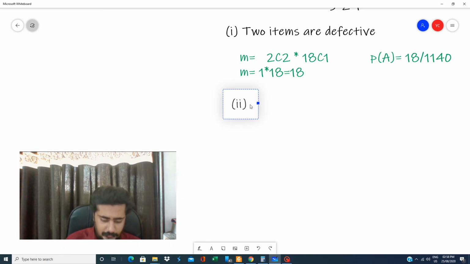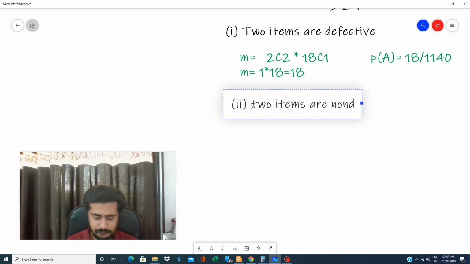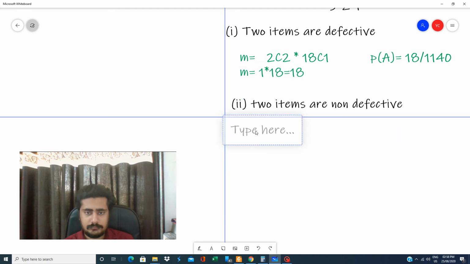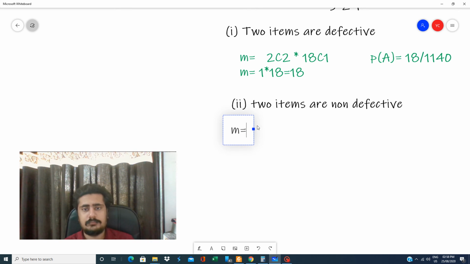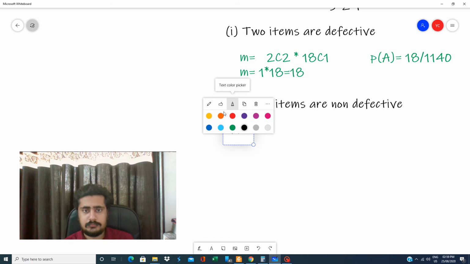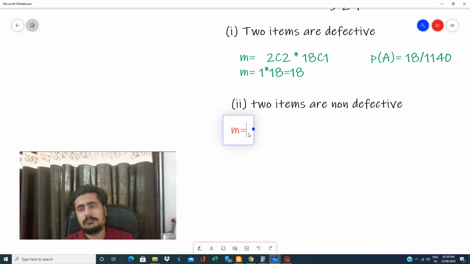Now two items are non-defective. Total how many non-defective are there? 18 non-defective are there.